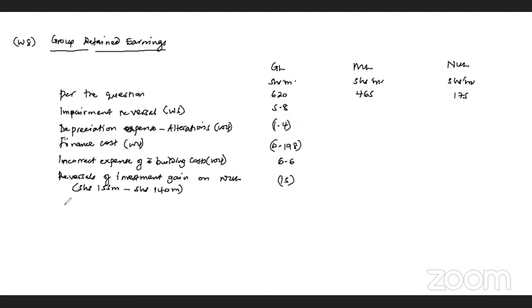Don't forget, we don't need the pre-acquisition earnings of the subsidiaries. You can get this from the working for goodwill. For ML, I see we have 325, so you minus that.